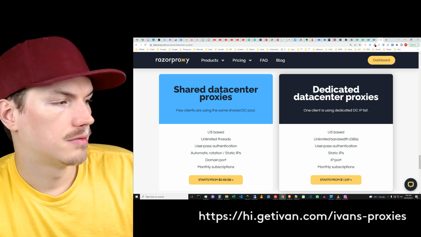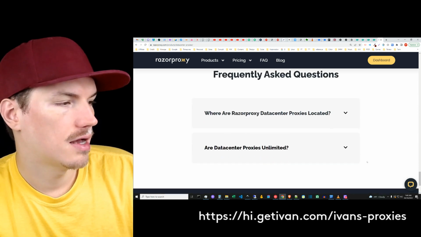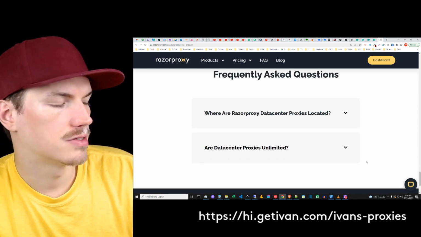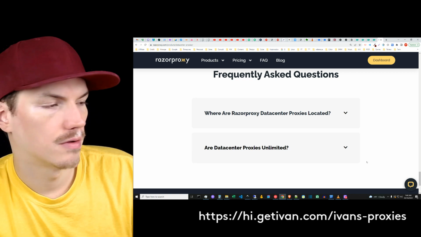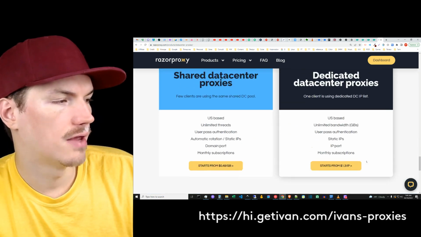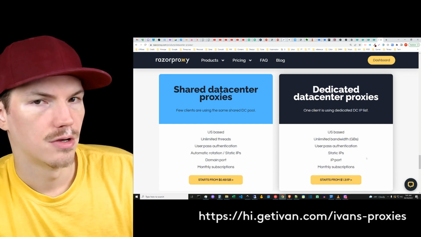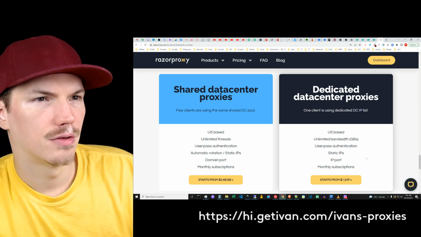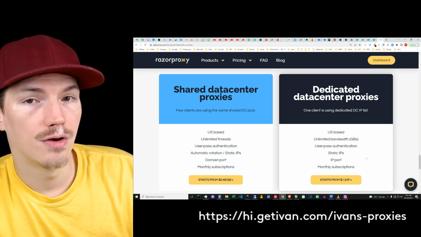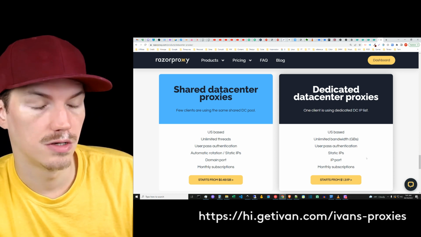They've got unlimited bandwidth and concurrencies, and they didn't say they had a speed limitation, like a gateway on the speed, so that's actually a great advantage. In terms of dedicated proxies, this one sounds better for the cost, but we can't know that until we actually test the success rate and the actual speed.